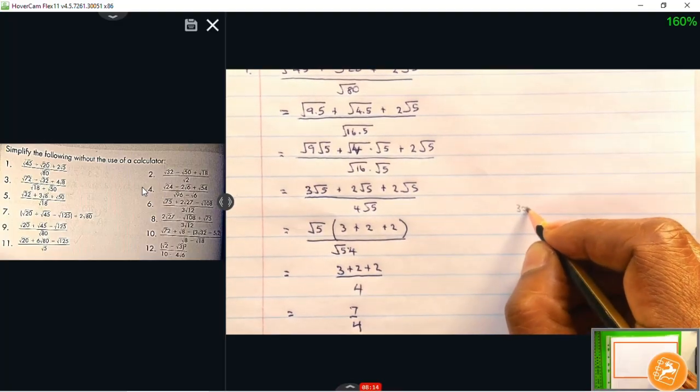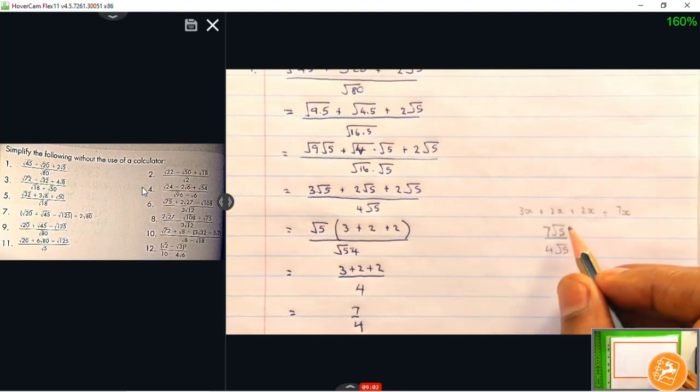So here it is. If you can remember earlier grades, we said if we have 3x plus 2x plus another 2x, what can we do? We can add, because they are like terms, isn't it? So it means you'll have 7x. Even here, it's the same thing. I have 3 root 5, another 2 root 5, and another 2 root 5.